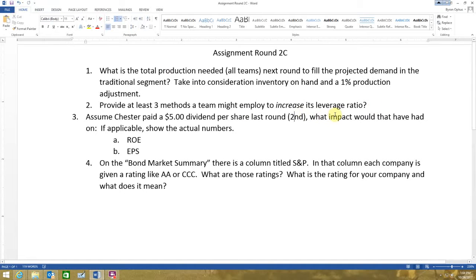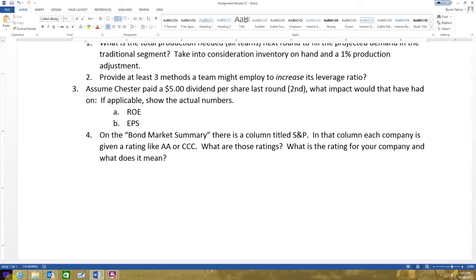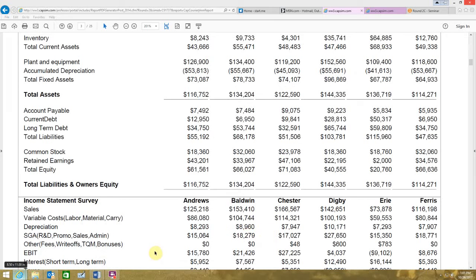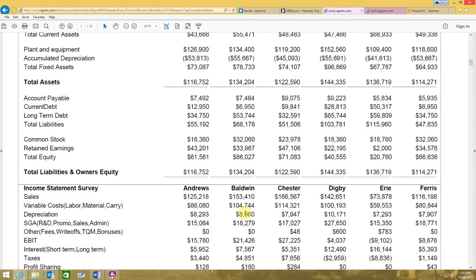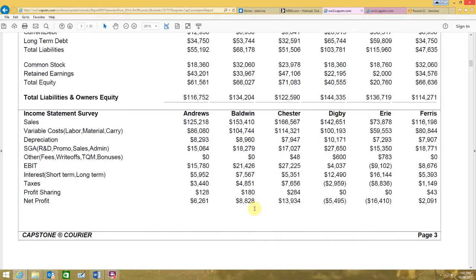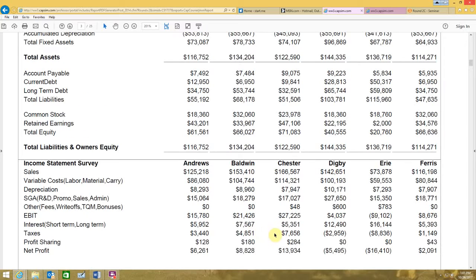Okay. What impact would that have had on, if applicable, show the actual numbers? Okay, so let's think about what happens when we pay a dividend. Where do dividends get paid from? Dividends actually get paid from retained earnings, or, I don't want to say exactly because it would be a giveaway for one of the prior questions.